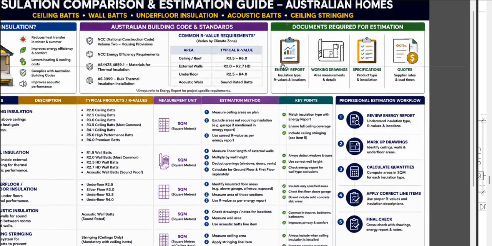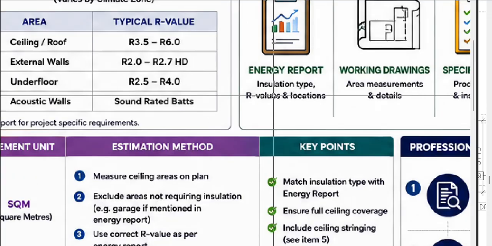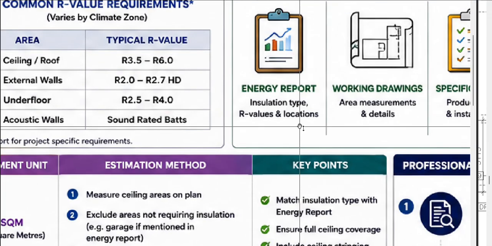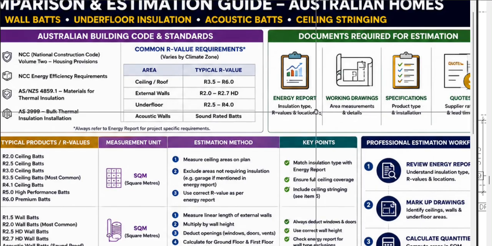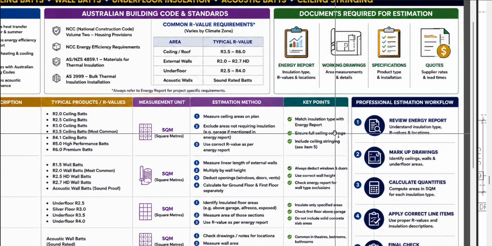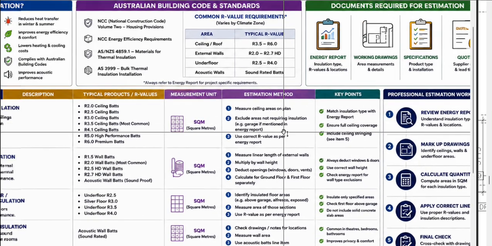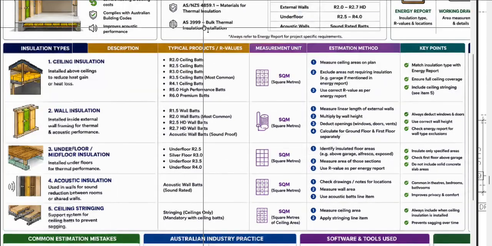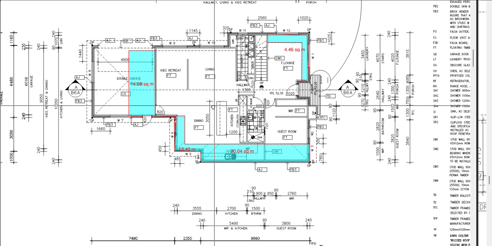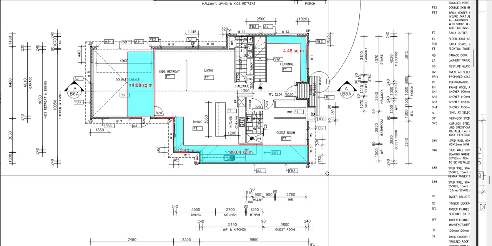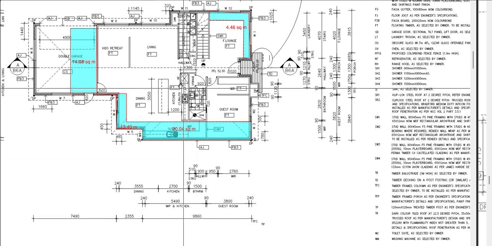That depends on your energy report, which is generally based on insulation, your windows and window glazing. According to that, the energy efficiency of the home is specified, either a 6.5-star energy home or a 7-star energy home. So today we will check how we can calculate this.